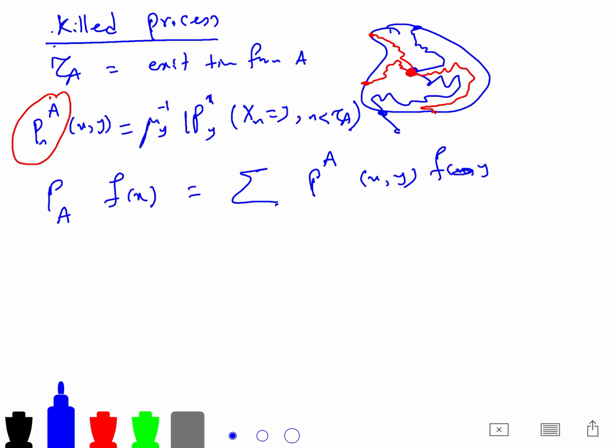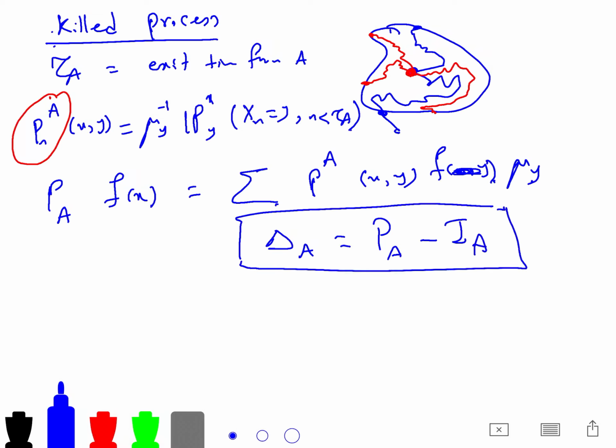So f of y, mu of y, and so again the Laplacian is P minus A minus I. So even if you restrict to A, again your operator doesn't change. So it's obvious. All of these things are just elementary things.